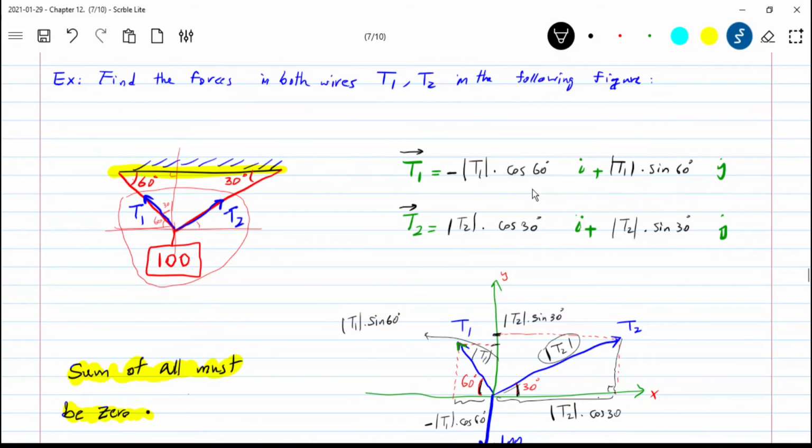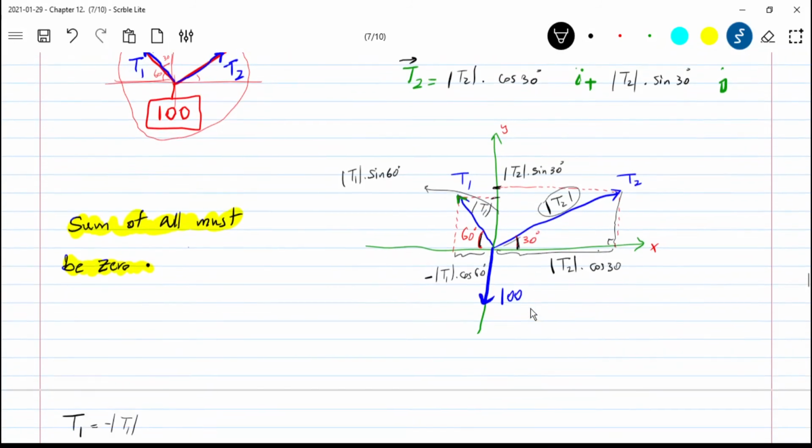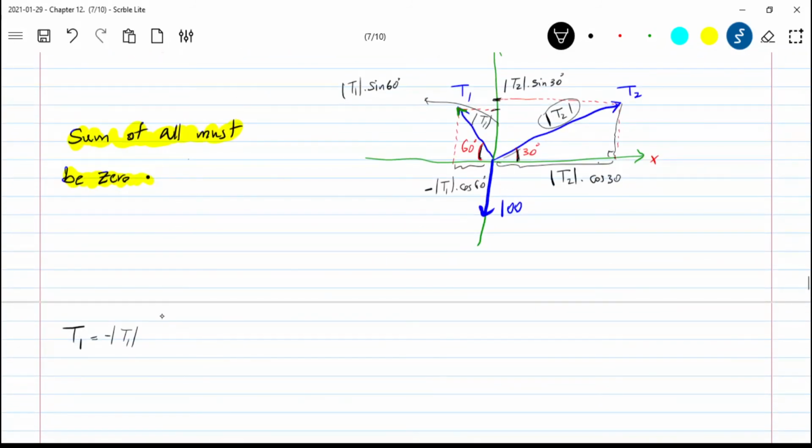Cosine of 60 would be 1/2, so it would be times 1/2. Let me put them in order. So minus 1/2 magnitude of T1 I, plus square root of 3/2 is the sine value, magnitude of T1. You can factor out the magnitude of T1 if you want, J.